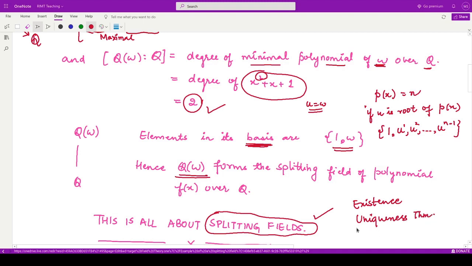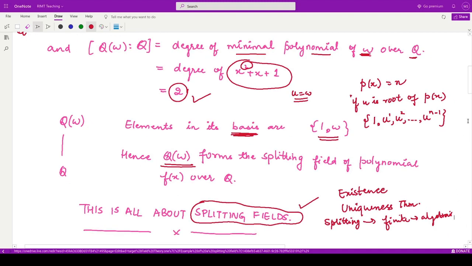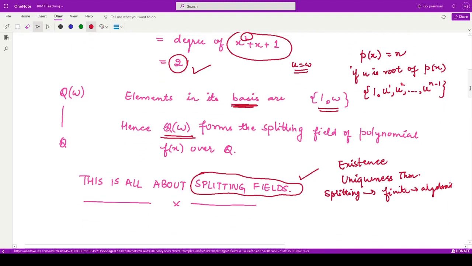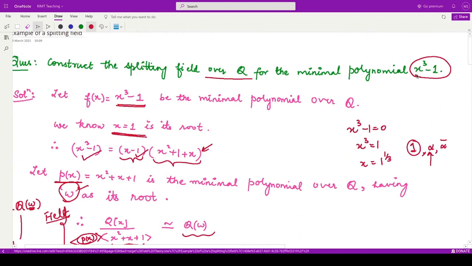Then we saw that every splitting field is a finite extension of the field. Moreover, it is also an algebraic extension. Next we saw again an example of how to calculate the splitting field for some given polynomial which is defined over some given field. So I hope this is clear to you all.